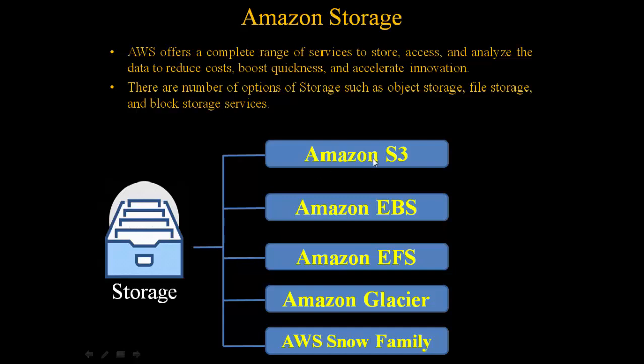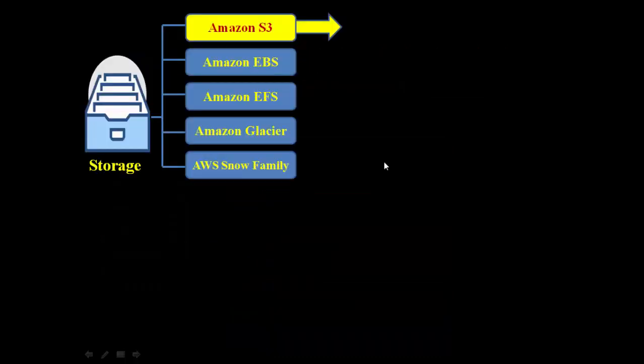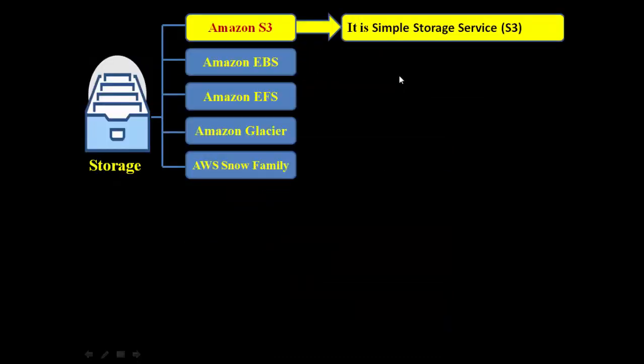The first service is Amazon S3. As we discussed, it is a Simple Storage Service and it is basically used to store data permanently. If you want to store your data, whether it is a Word file, video file, image or anything, you can store it permanently in the cloud.